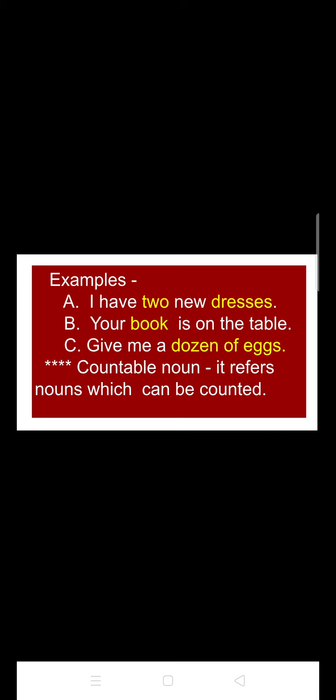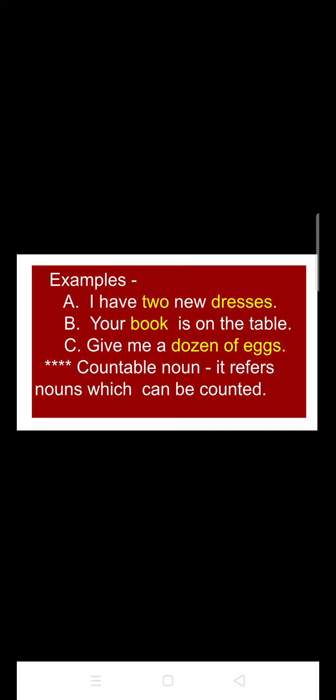So these highlighted words, two dresses, a book, and a dozen of eggs, can you count them? Yes, we can easily count two dresses, a book, and a dozen of eggs.